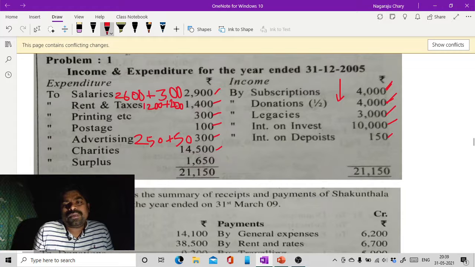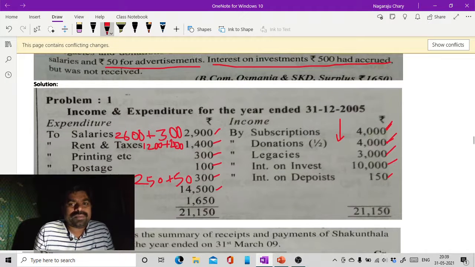Okay, right? All the items are covered. So now we have to balance. We have to check roughly whether the credit balance is more or the debit balance is more. So in this case, 21,150 credit balance is more than the debit balance. So that's why 21,150 is recorded on the credit side.